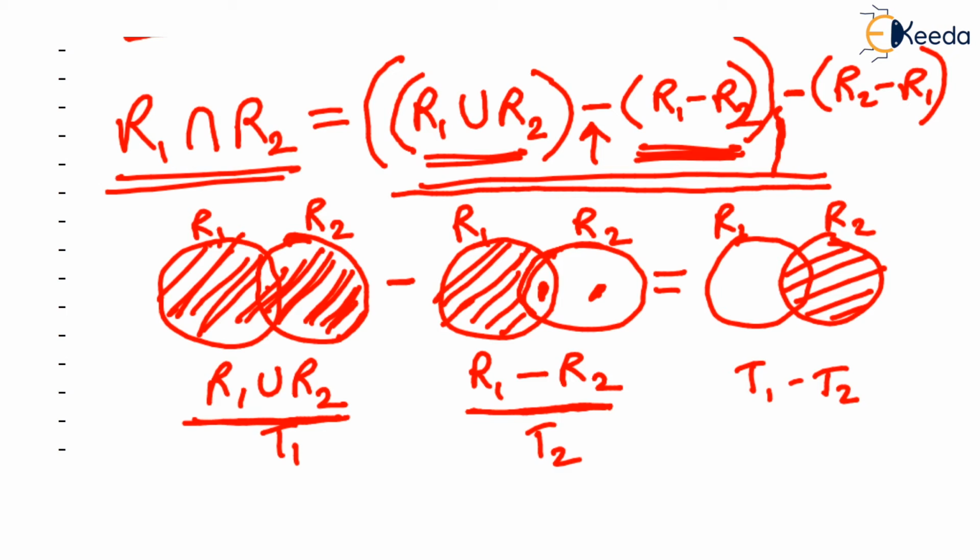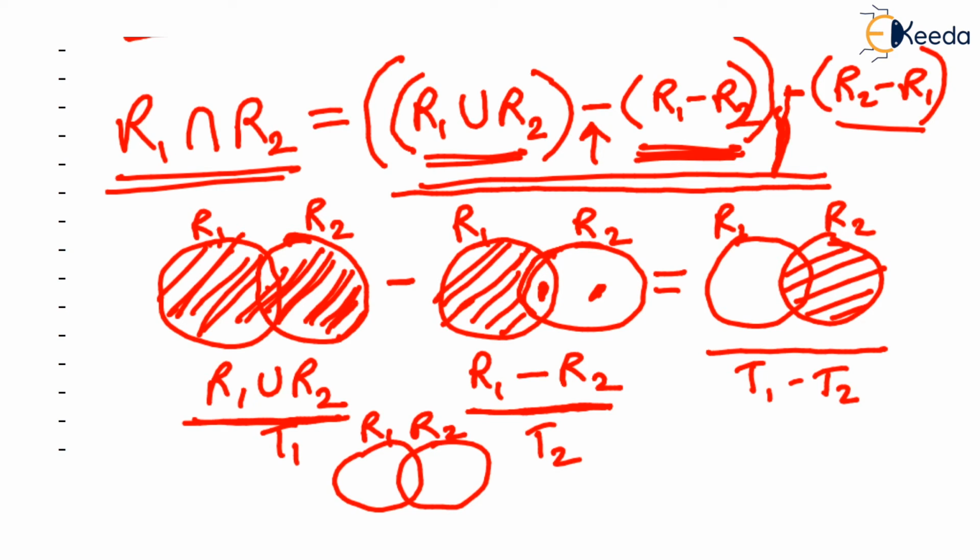Now remember, this is the result till this bracket. Now let's come to R2 minus R1. By the way, what is R2 minus R1? Here we go, this is R1 and this is R2. R2 minus R1 is whatever is there in R2 but not there in R1. That region is going to be this.